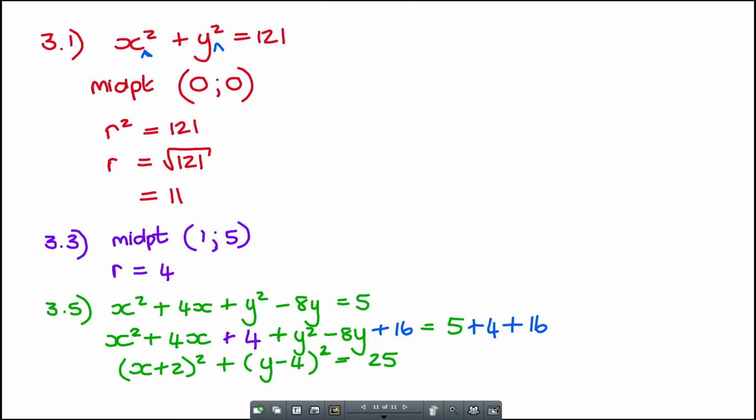So therefore, midpoint gaan wees waar x minus 2 is en y 4 is. And my radius, remember radius squared is 25, so radius would be 5. Okay. Any questions? Okay, dan 3.8.